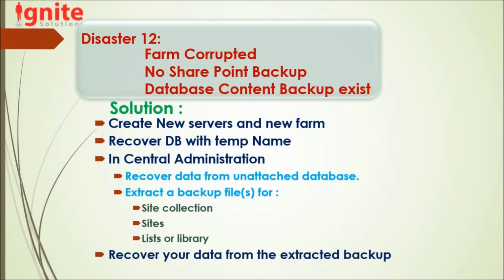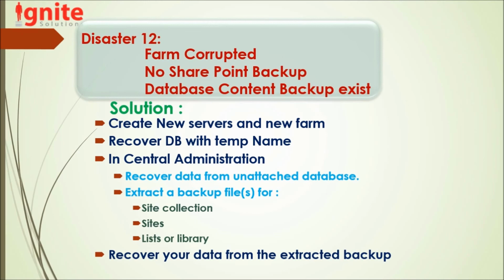Disaster 12. Farm corrupted. No SharePoint backup. Database content backup exists. Let us go to this situation. Complicated, but it might happen. Now suppose your farm has corrupted and your backup of SharePoint is not around, or you found it corrupted and you have only your content database backup.